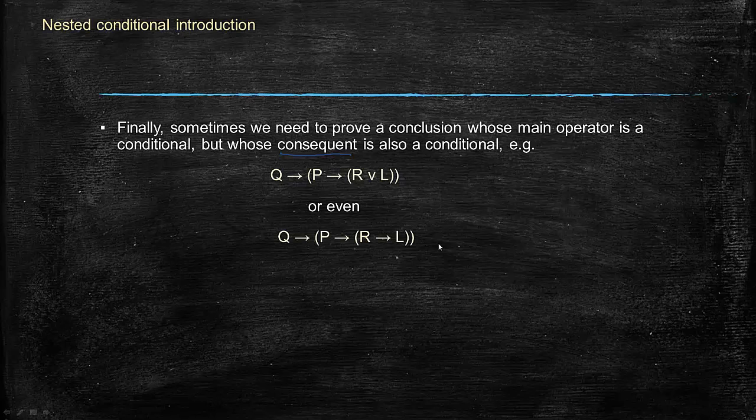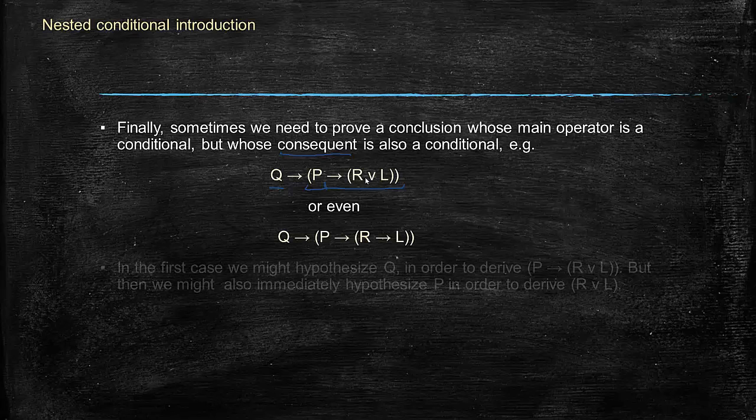Now in a case like this, either of these cases, typically we would proceed by conditional introduction by hypothesizing Q. We'd hypothesize Q. And in the first case, we would say that now we have to derive if P then R or L. But since my task is to derive if P then R or L, I could once again hypothesize P and just derive R or L. Okay?